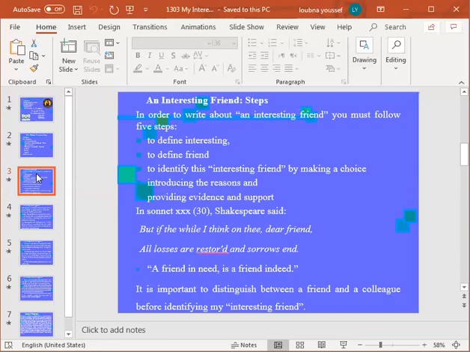So this is the point of view of Shakespeare, that a friend can change a person's mood. If you are unhappy, if you are in grief, if you are angry, and you see your friend or you talk to your friend, you feel that the world is a better place.